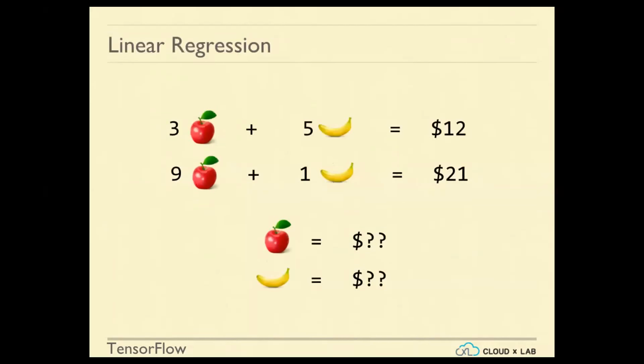So 3 apples, 5 bananas is 12. 9 apples, 1 banana is 21. So how much is each apple, and how much is the banana?